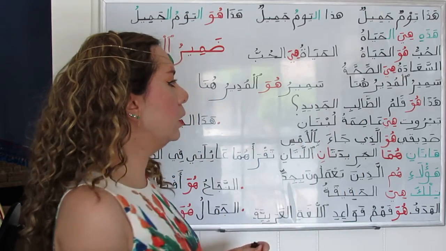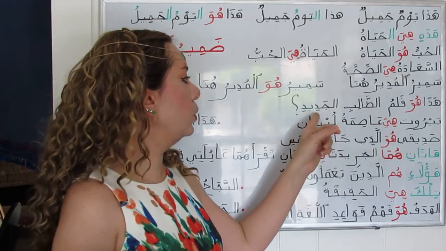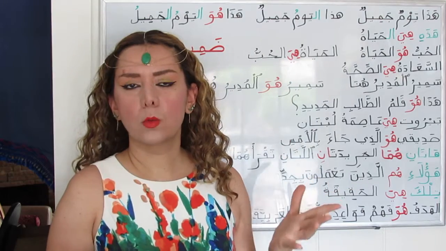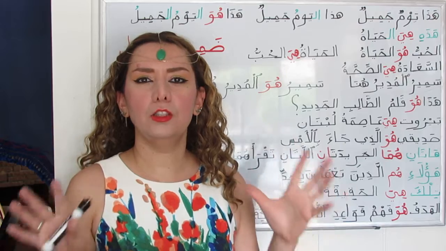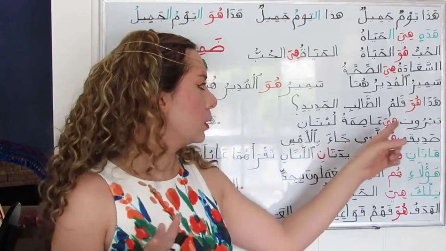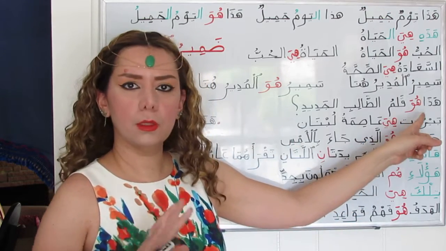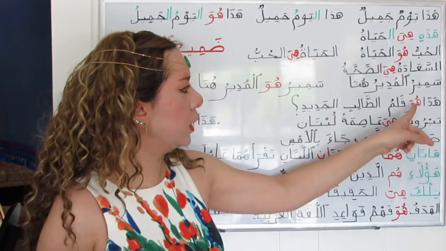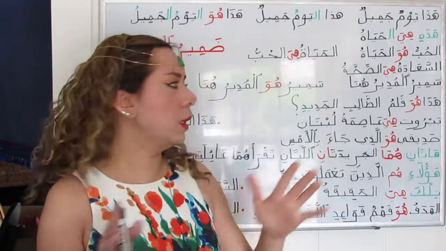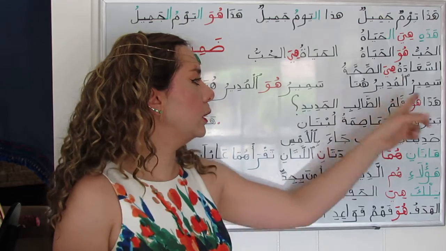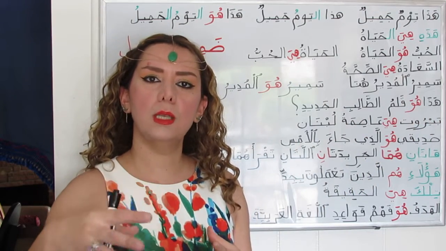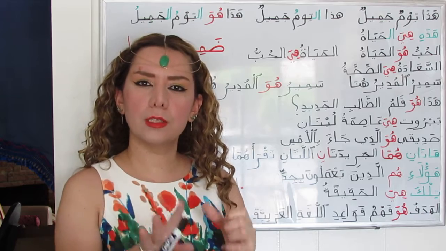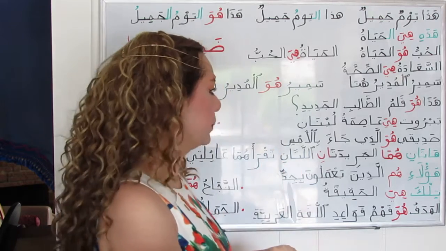This is the pen of the new students. While translating it, you would not see any change with this ضمير الفصل, with this pronoun of separation. So هذا هو قلم الطالب الجديد or هذا قلم الطالب الجديد will give you the same meaning and will be translated in the same way.